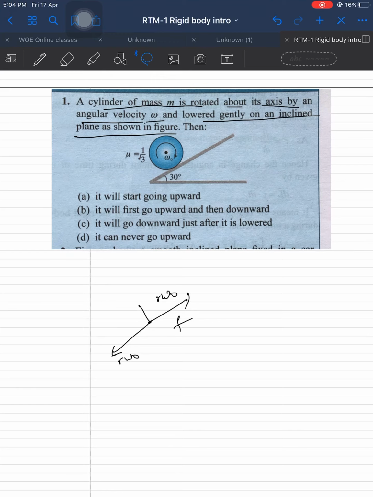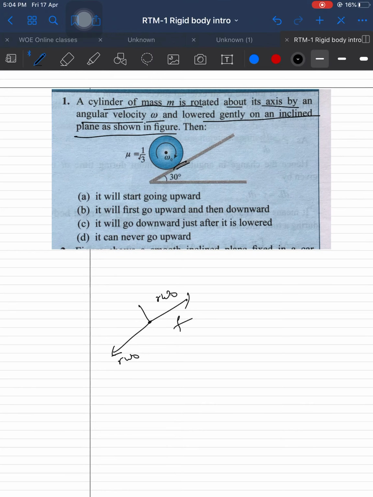If the friction acts in the upward direction, what will be the friction value? Now the body is not rolling, understand, it is just kept there. So F is equal to mu into normal. Let's draw the free body diagram nicely. The downward force is equal to mg sin theta, and the friction is equal to mu mg cos theta.